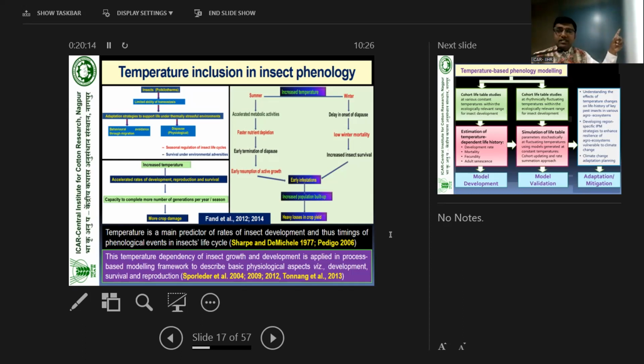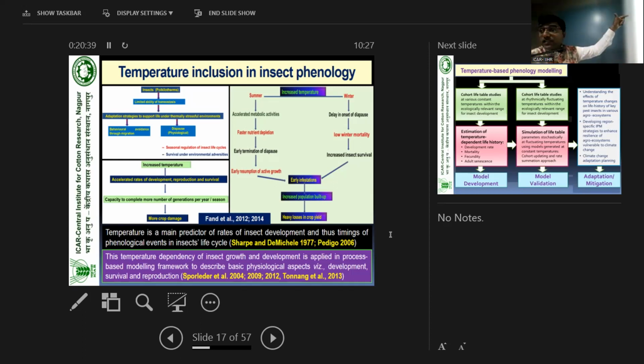Because of chilling winters, many cold-sensitive species die, maximum population will die and survivors will enter diapause. But as environments are warming, there will be low winter mortality because conditions are getting warmer, which is favorable to their survival and increases insect survival. Ultimately, you know, early infestations and more crop damage will be there.